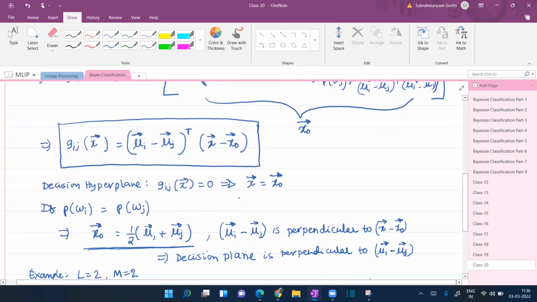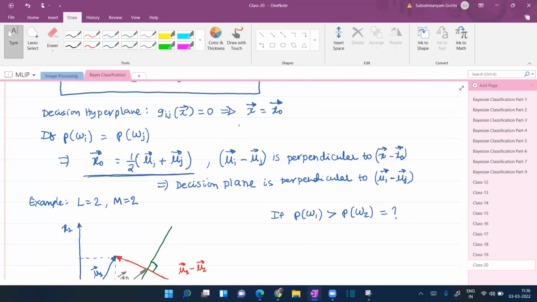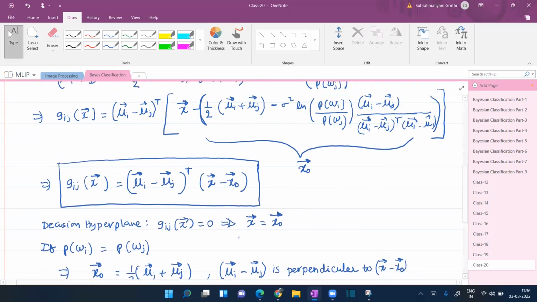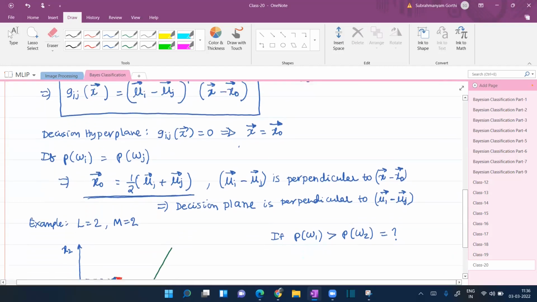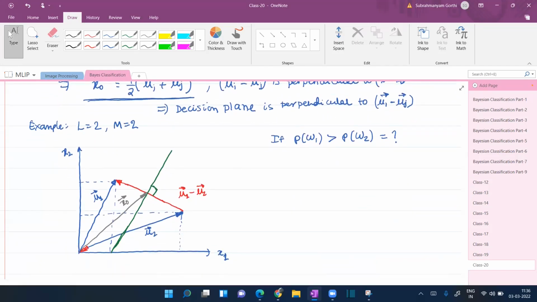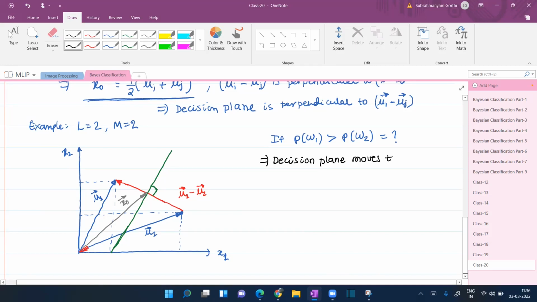See, the first case we considered is when probability of omega i equals omega j. It was half of mu i bar plus mu j bar, your x naught bar. It's just that your x naught bar value will vary if the prior probabilities are not equal. So all that would happen is your decision plane moves to the left.